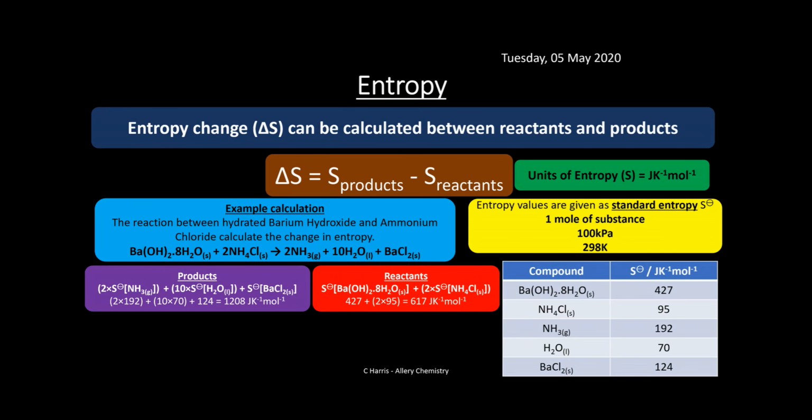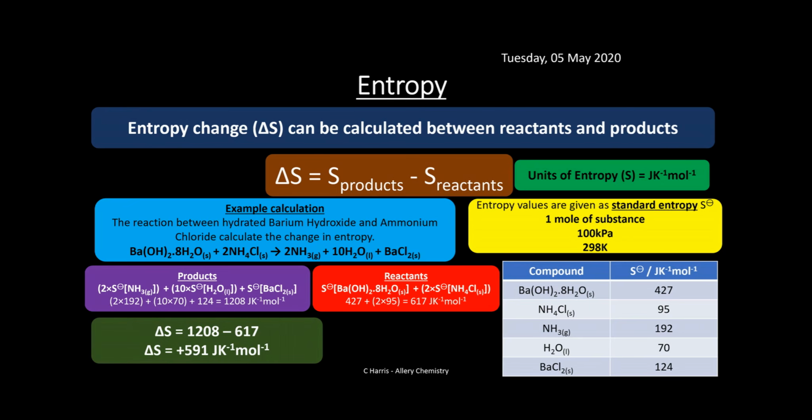We then do exactly the same for our reactants. We've got 1 molecule of barium hydroxide that's hydrated, and we've got 2 of ammonium chloride, which is this substance here. So we add all that up and we get 617, and it's very simple. All we do is 1208 minus 617, and we get a total entropy change of 591 joules per Kelvin per mole.